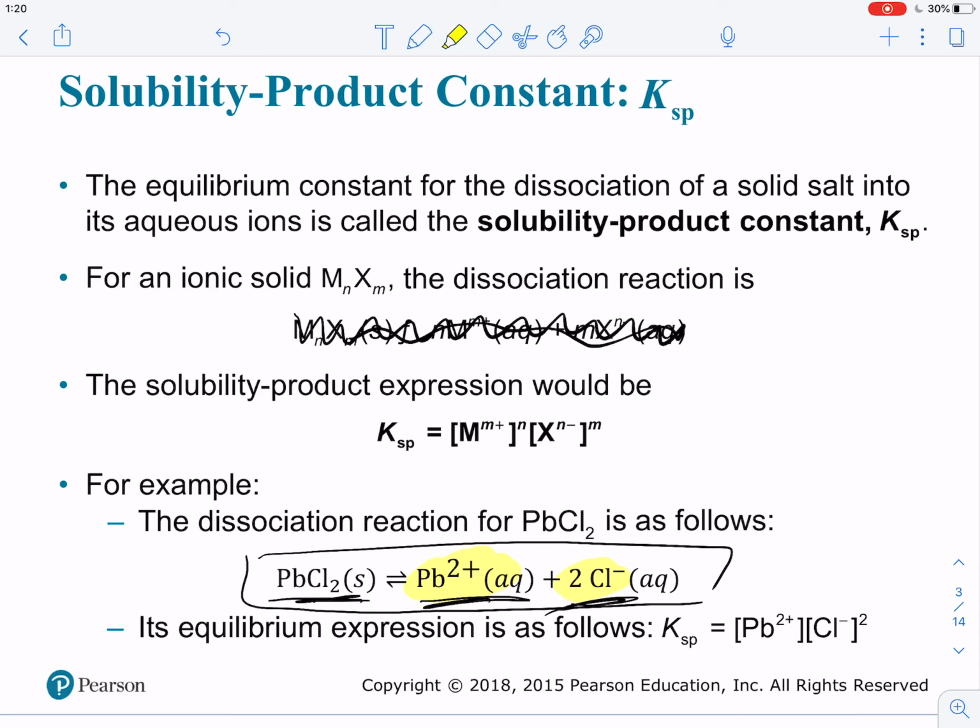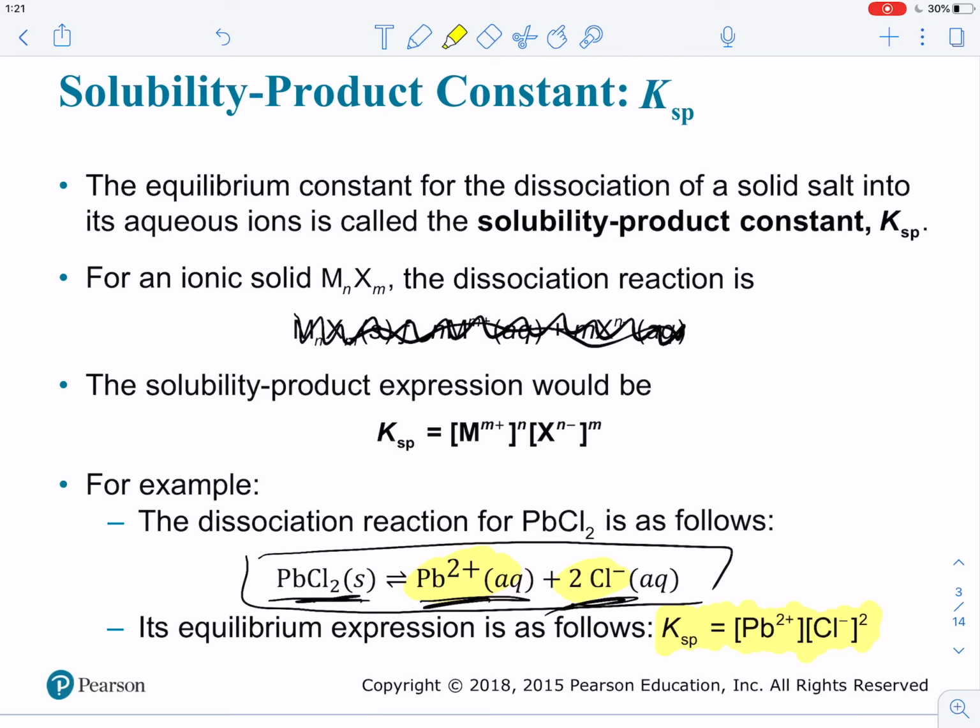Remember, the equilibrium constant for solubility equilibrium is called KSP. For this particular case, KSP is just the product of the ions. And you follow the same guidelines, the law of mass action. You have to raise to the power of the stoichiometric coefficient in that equilibrium.